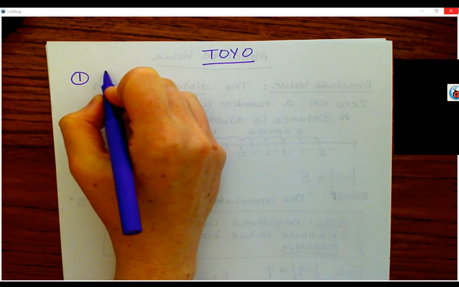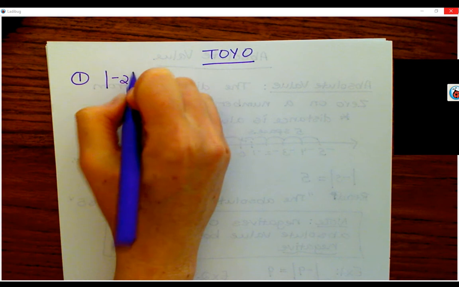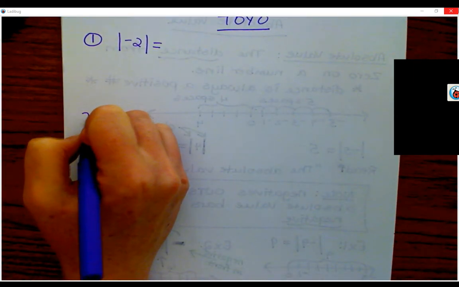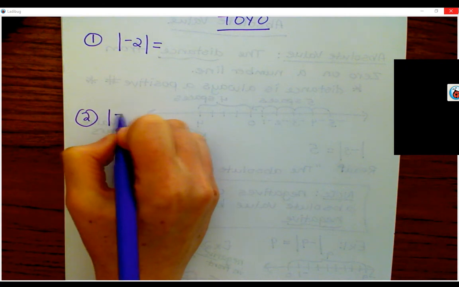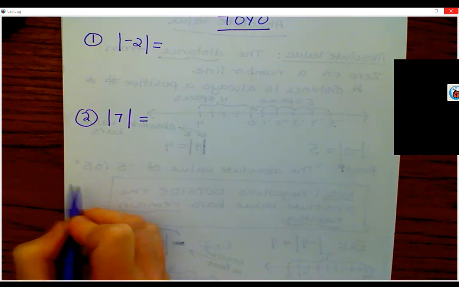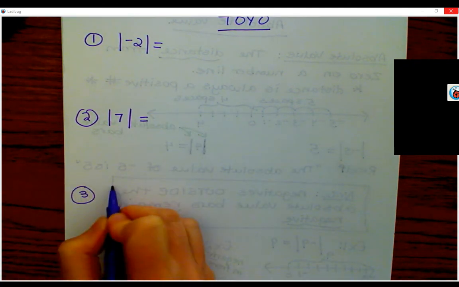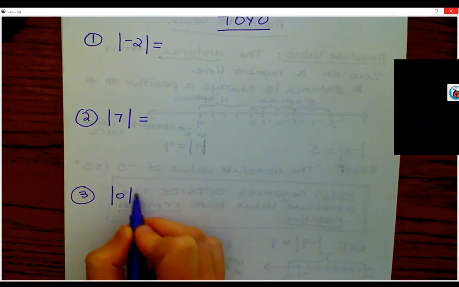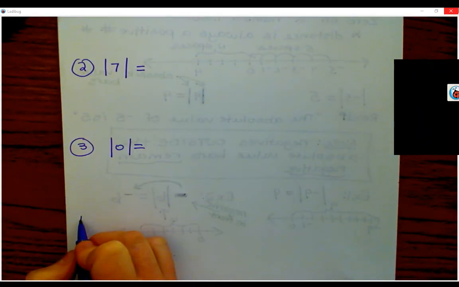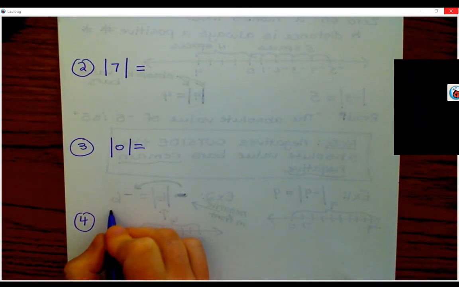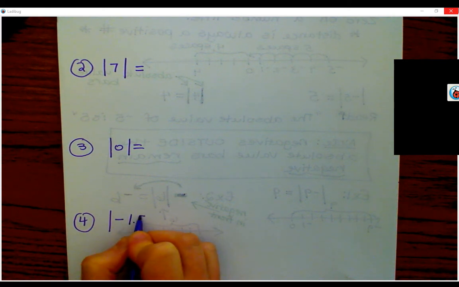So the first one is absolute value of -2. You're going to tell me what that equals. Number 2 is going to be the absolute value of 7. Number 3 is going to be the absolute value of 0. Number 4 is going to be the absolute value of -1.5.